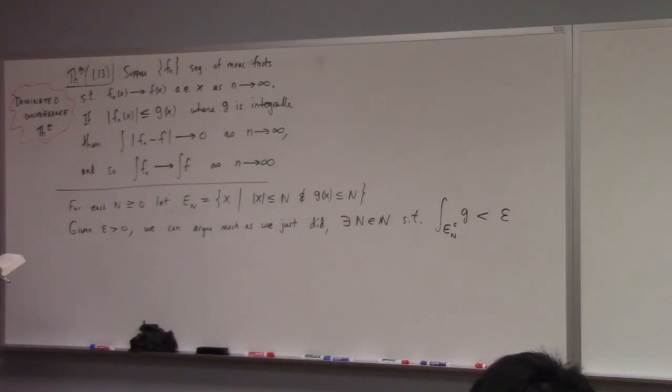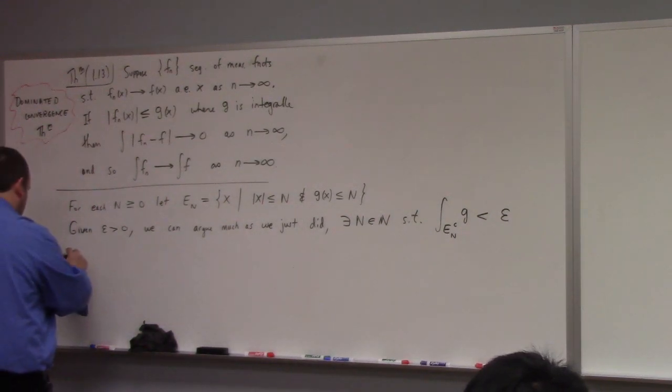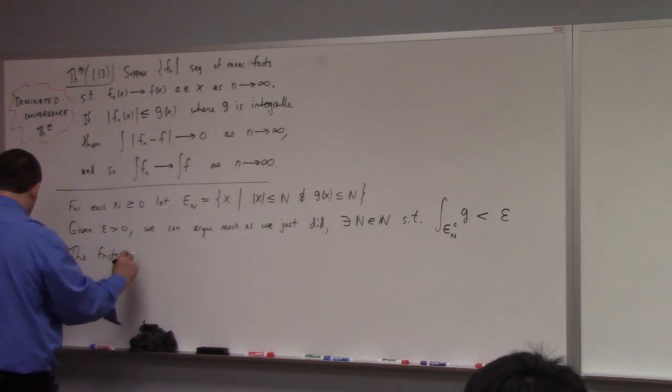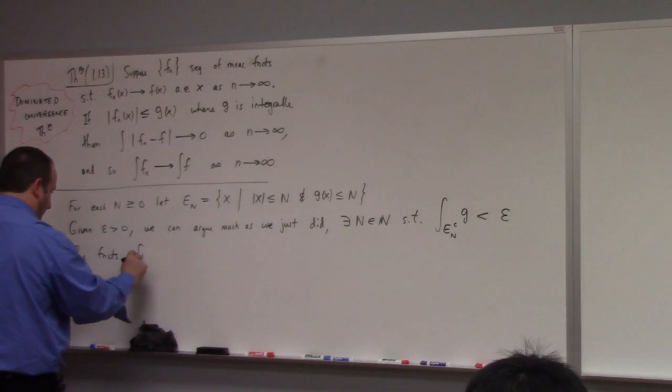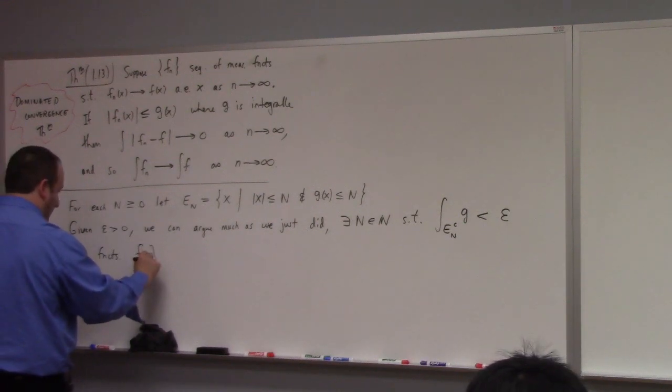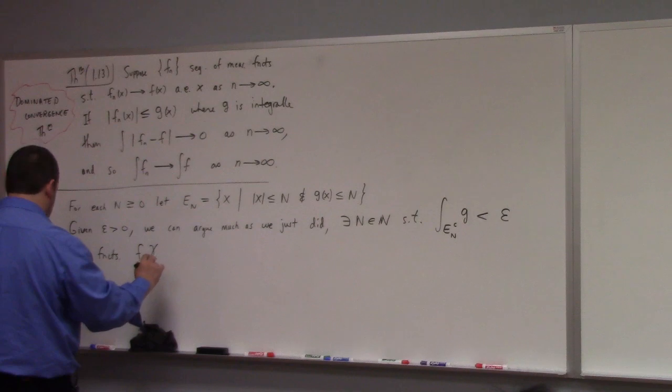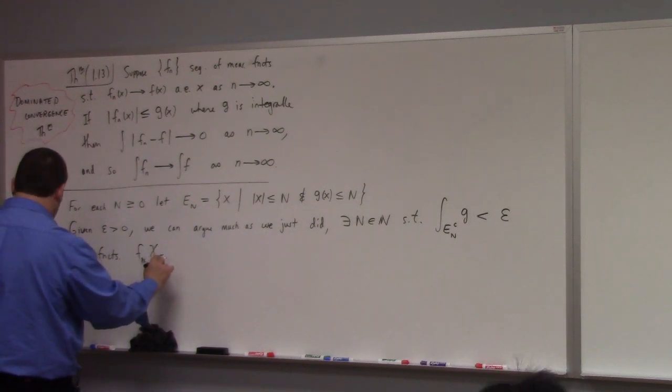And then he says the functions Fn chi En, that's supposed to be a big, come on, that's got to be an uppercase N. There's not many typos in here, though, so that does give me pause.